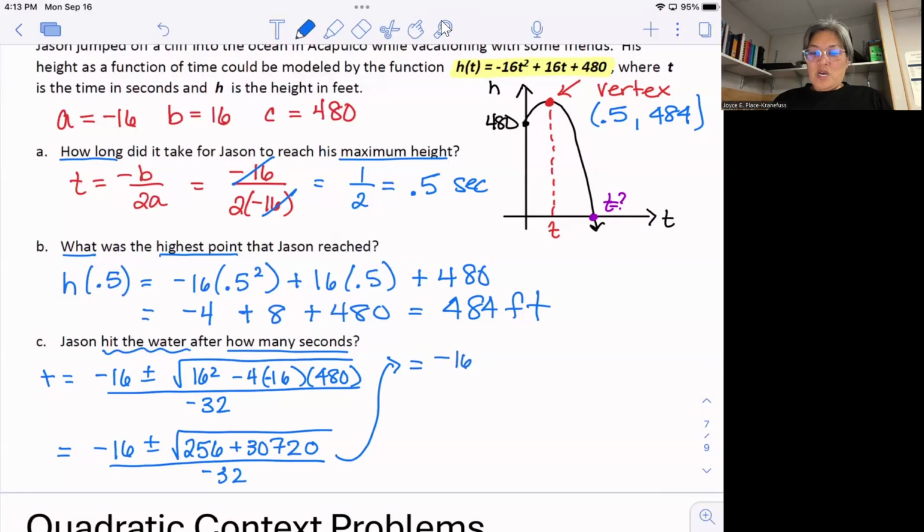Take the square root of that. It's negative 16 plus or minus 176, all over negative 32. So negative 16 plus 176 over negative 32.